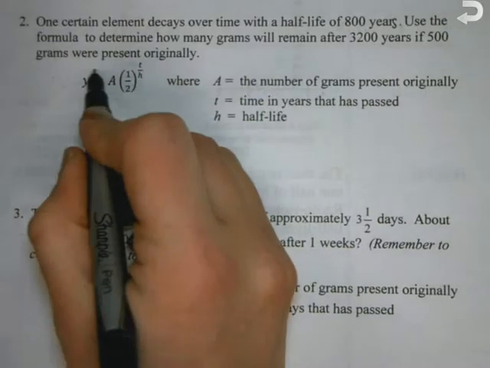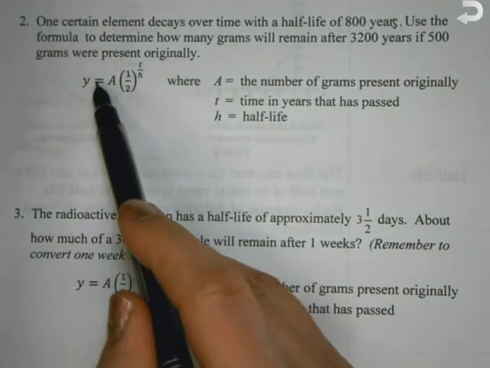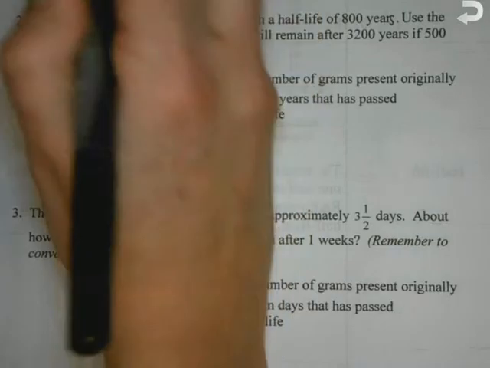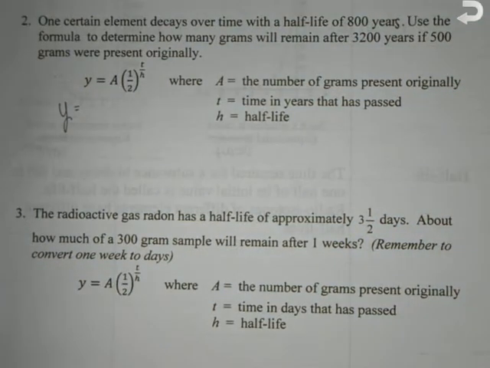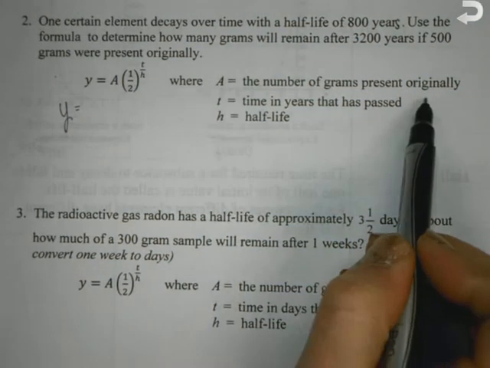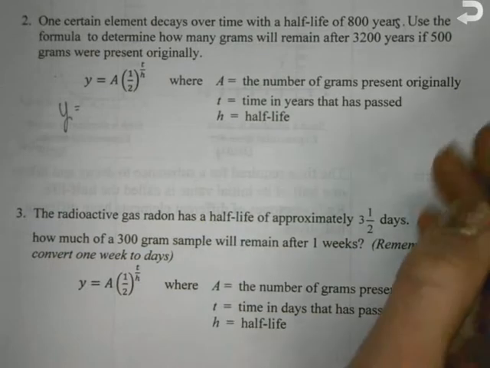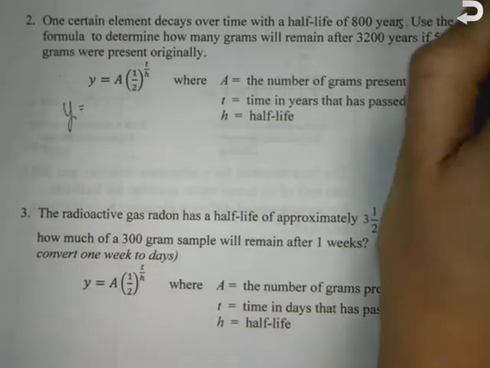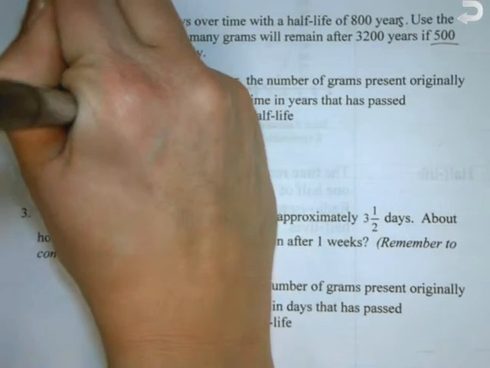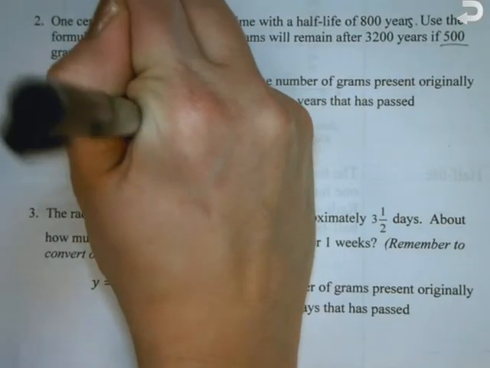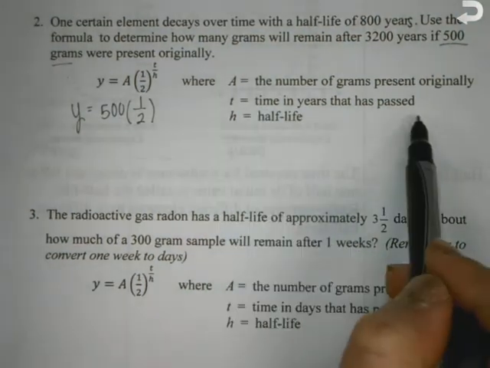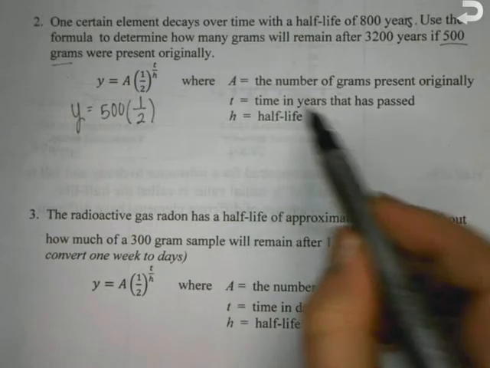So y equals A. A is the number of grams present originally. So how many grams were present originally? 500 grams. So this is 500 times 1/2. T is time in years that has passed. So that is 3,200 over 800. Over 800, good. Half-life is 800.